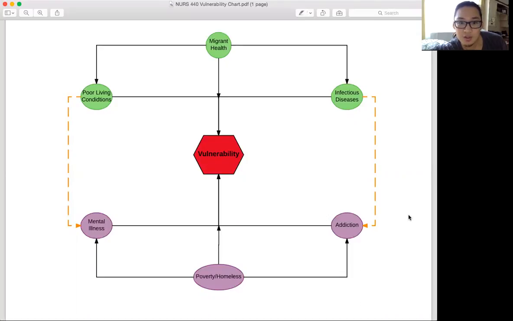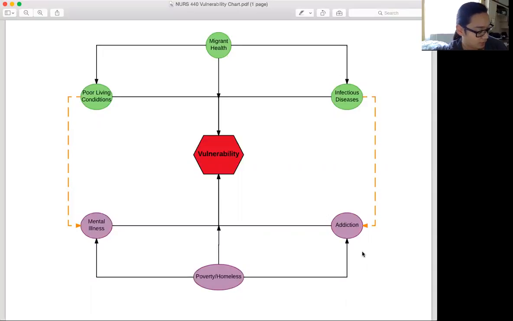And these two contribute to the society of the migrant worker, who is either here illegally or legally on a green card, and is left in these conditions due to poor wages. And these three contribute to health vulnerabilities. They're interrelated with each other.